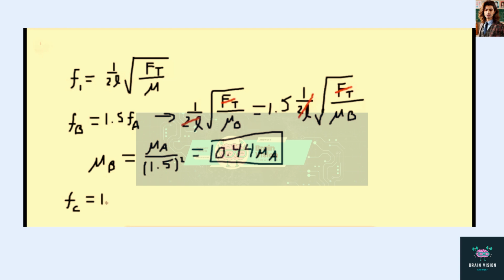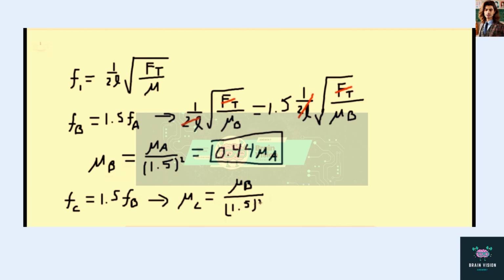Using the exact same logic, we're going to end up with mu c equal to mu b divided by 1.5 squared.